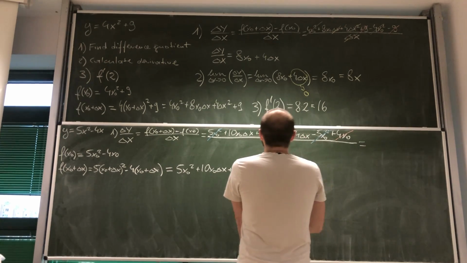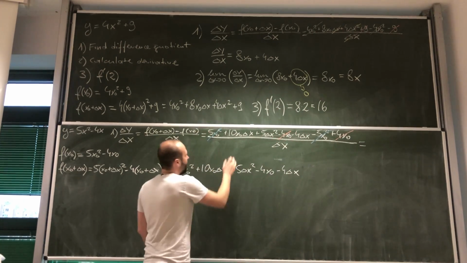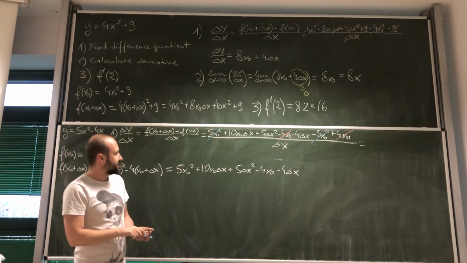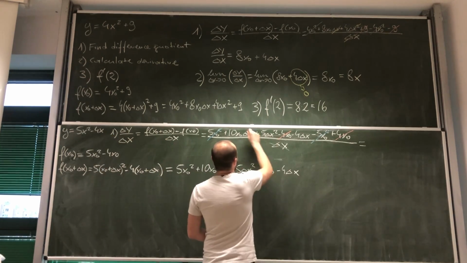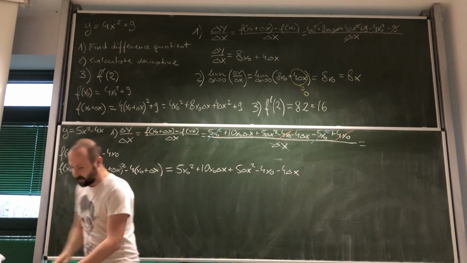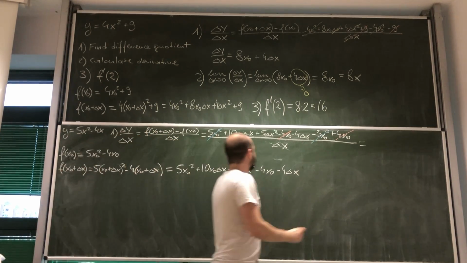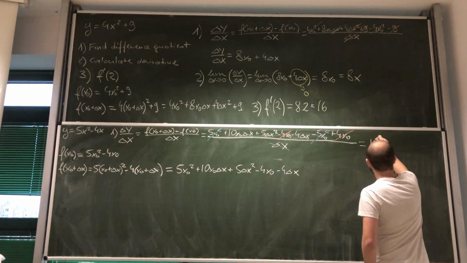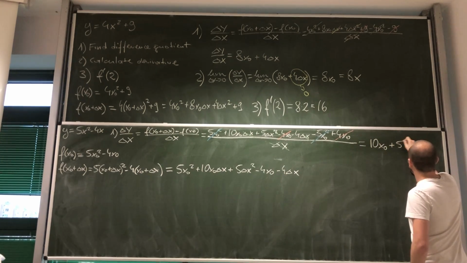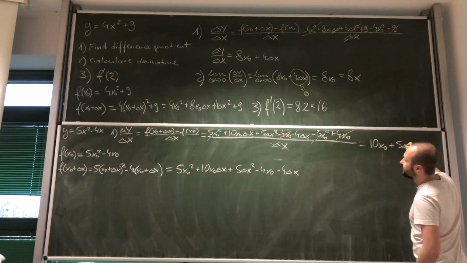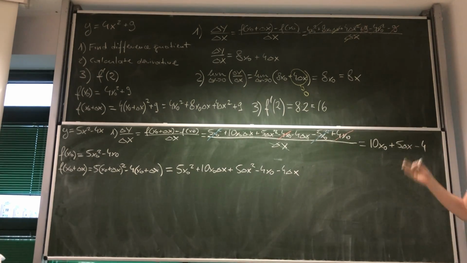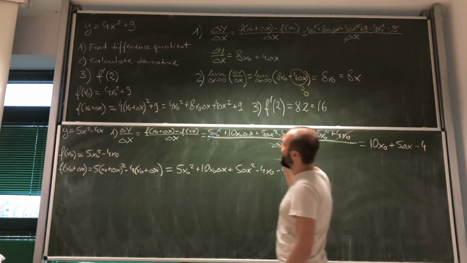Then, again, we can see that all the remaining expressions contain delta x, so we can cancel it out. And as a result, we obtain 10x0 plus 5 delta x minus 4. Okay, so point 1 is done, we found the difference quotient.